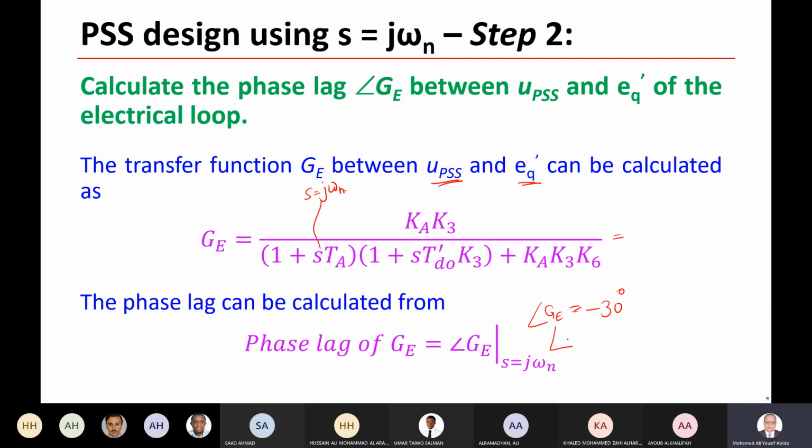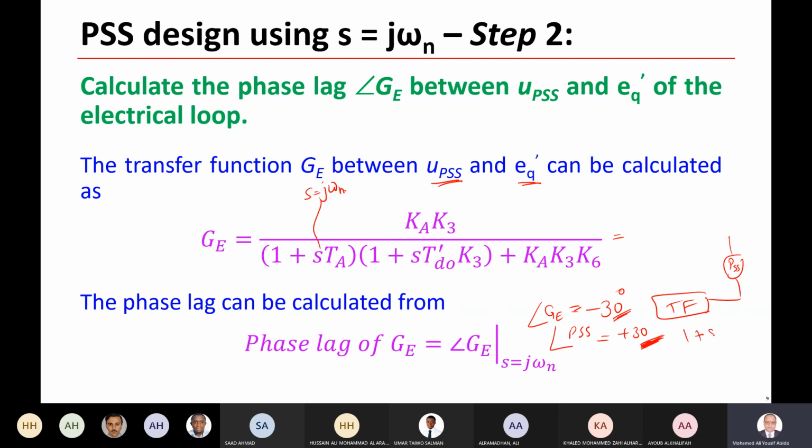Then we need the angle of the power system stabilizer to be plus 30, so the summation of the power system stabilizer and this transfer function becomes 0. So if you calculate this angle, then you know how much angle is needed from the power system stabilizer.